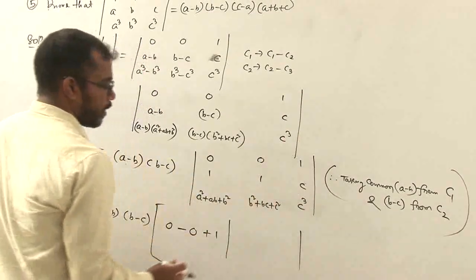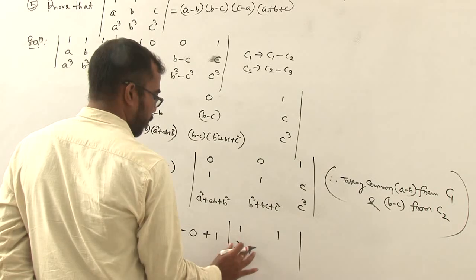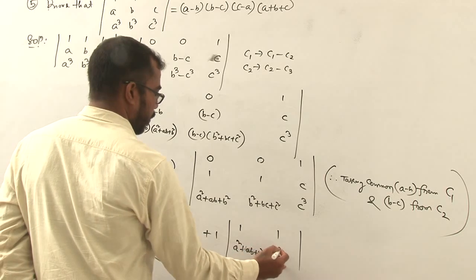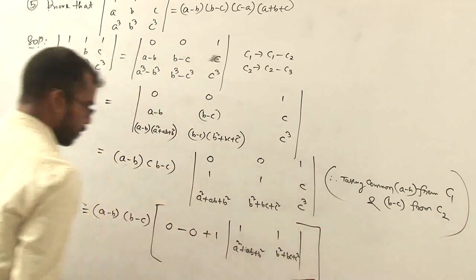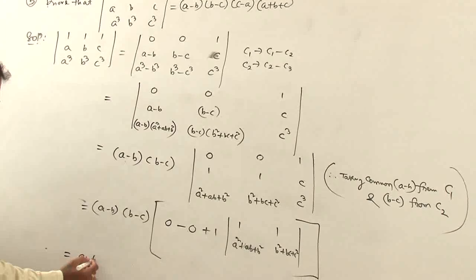If we delete the row and column, we get 1, 1, A squared plus AB plus B squared, B squared plus BC plus C squared.